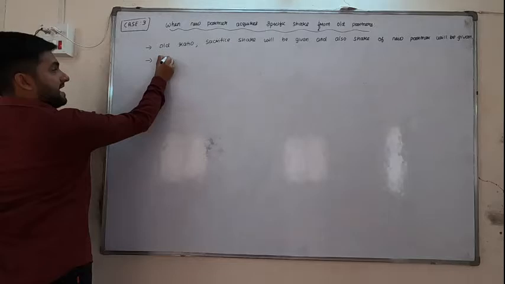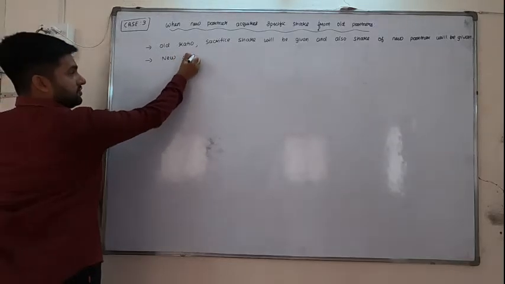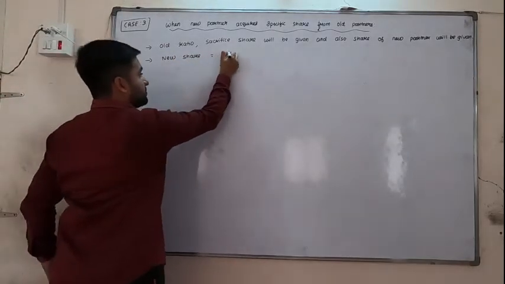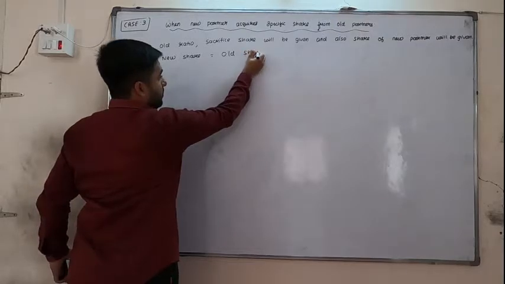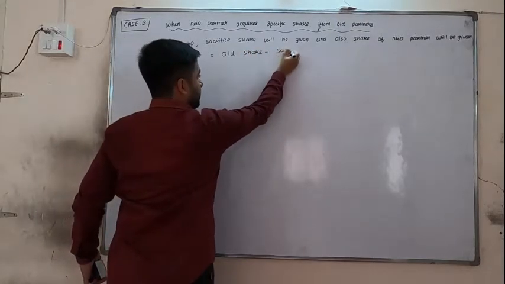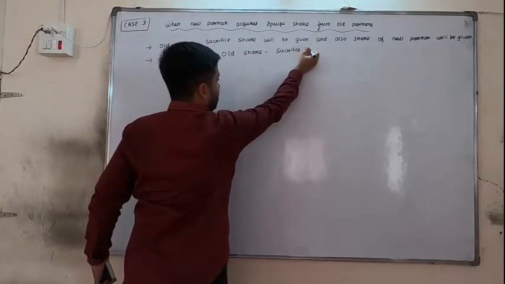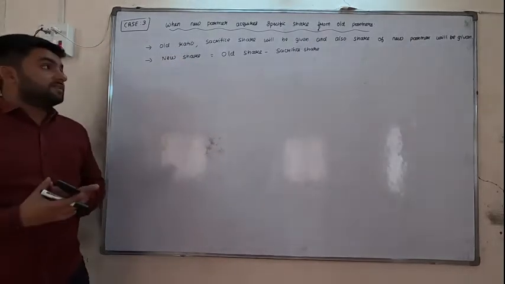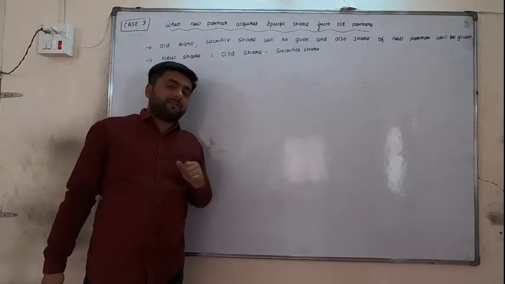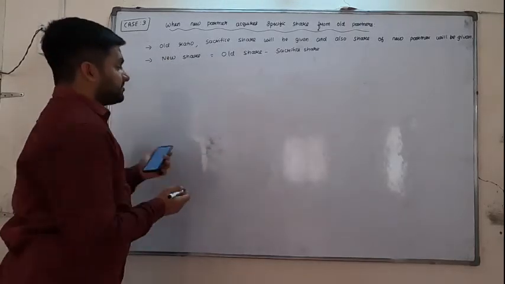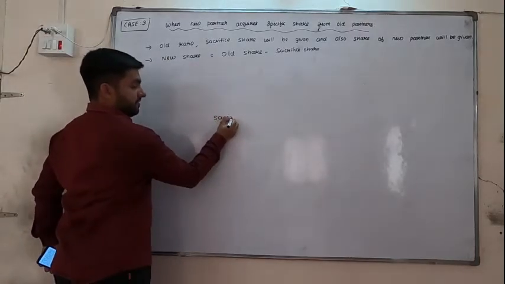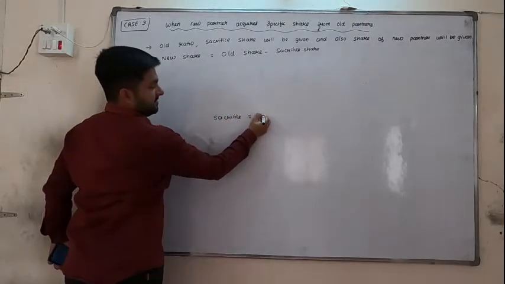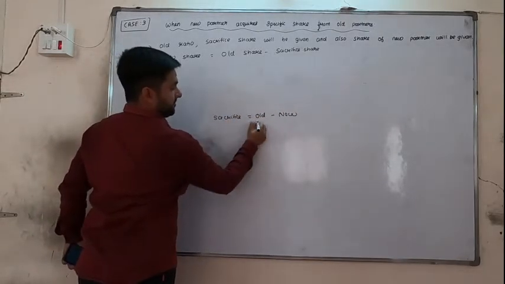Now at that time directly we will find the new share. New share is equal to old share minus sacrifice share, or we can only write sacrifice, then also it's possible. How? See, we are having one formula. What formula we are having? Actually this is the formula. Sacrifice is equal to old minus new share.